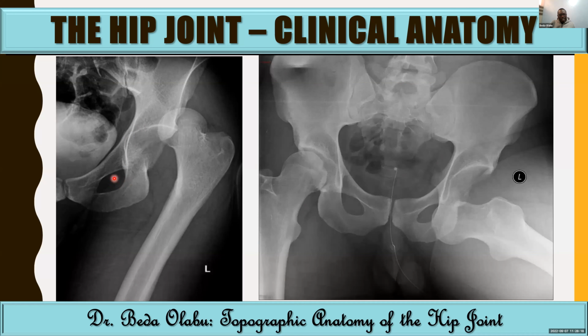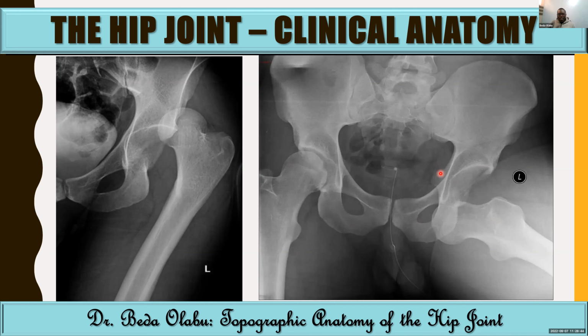Those ones look intact, fine. But there's something that is wrong. Look at Shenton's line. The inferior margin of the superior pubic ramus does not form a continuous arc with the inferior margin of the femoral neck. There is dislocation.